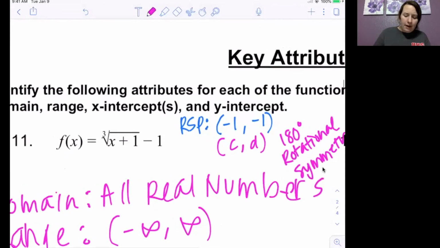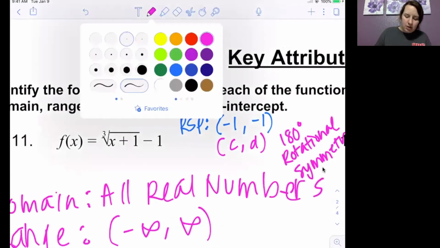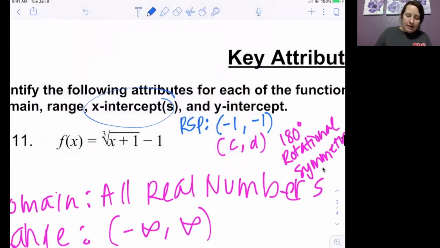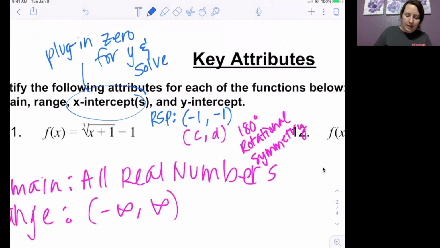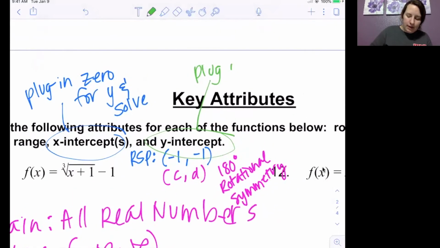Finding our x-intercept, we will plug in 0 for y and solve. And then for y-intercept, we're going to plug in 0 for x and solve.